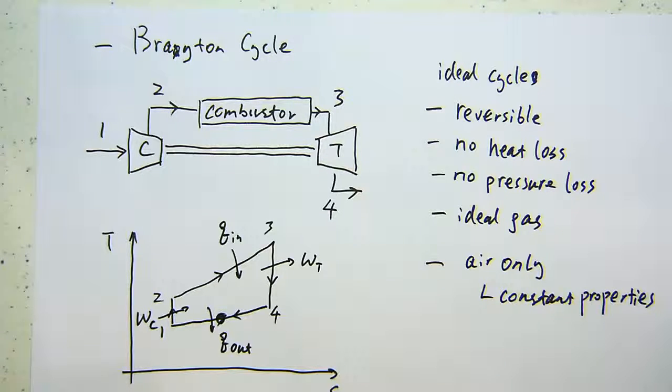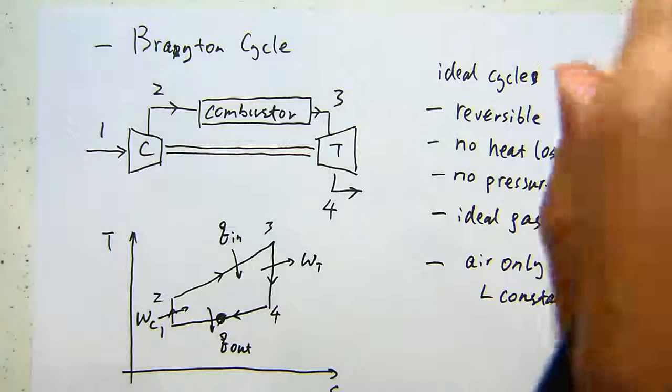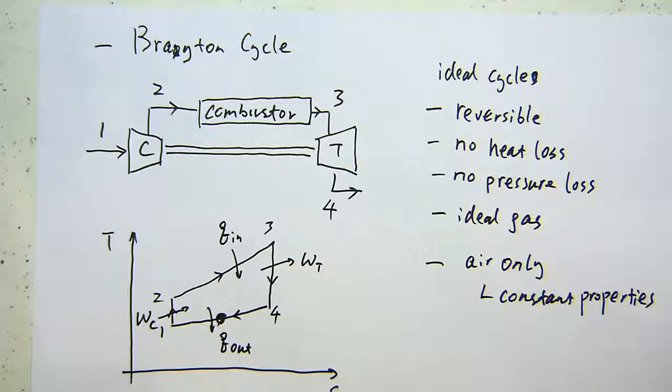All right. So we started the Brayton cycle analysis yesterday, and the Brayton cycle is one type of gas turbine cycle. The application of the Brayton cycle is mainly to describe how a power plant works using a gas turbine.